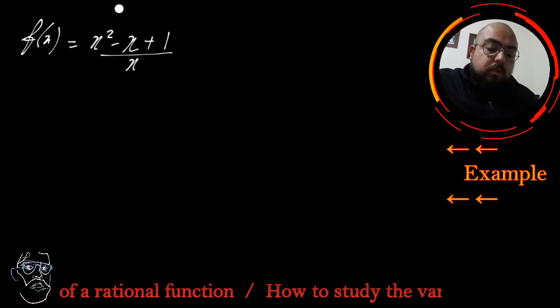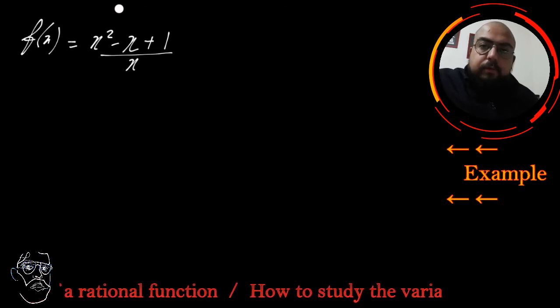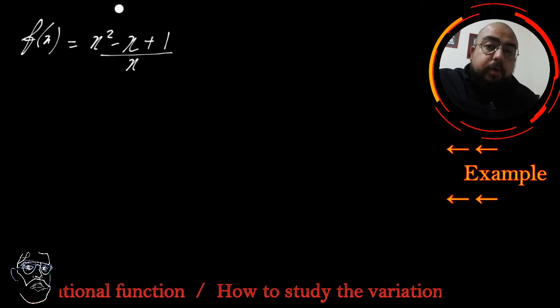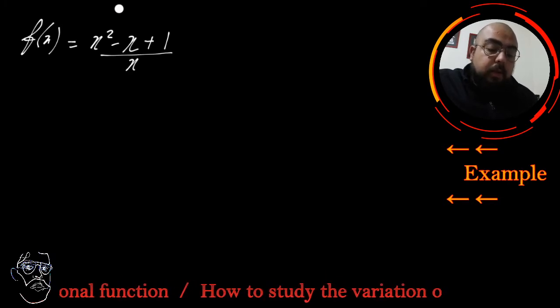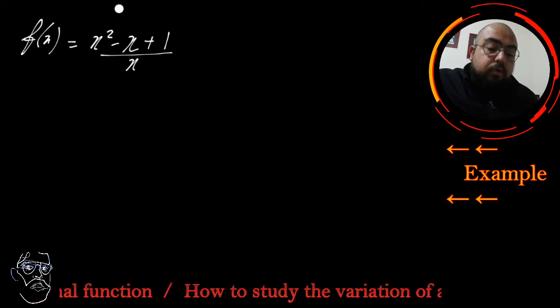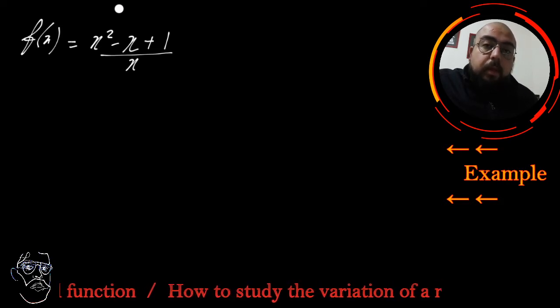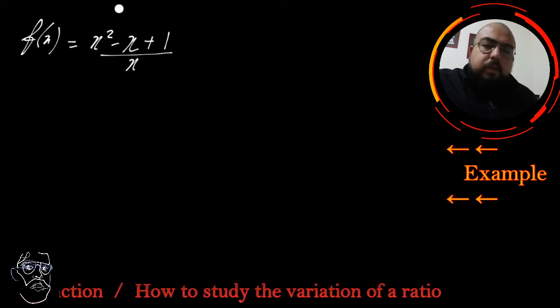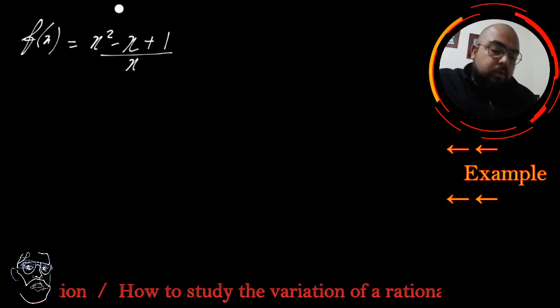As you can see, my function is, of course, a rational function. I have the numerator 1 degree higher than the denominator, so possibly I will be able to get an oblique asymptote. But let's first go through the steps.